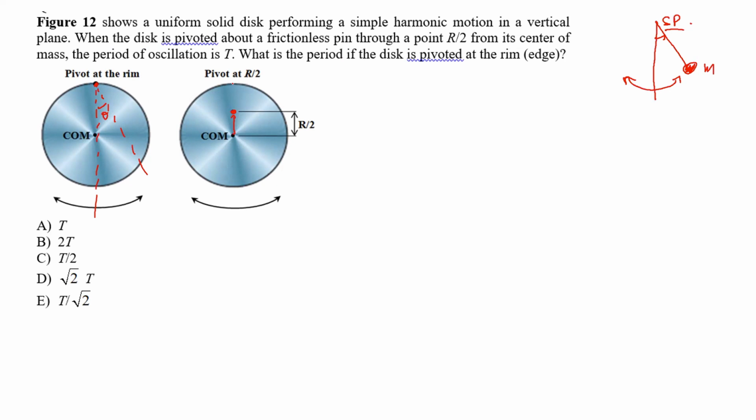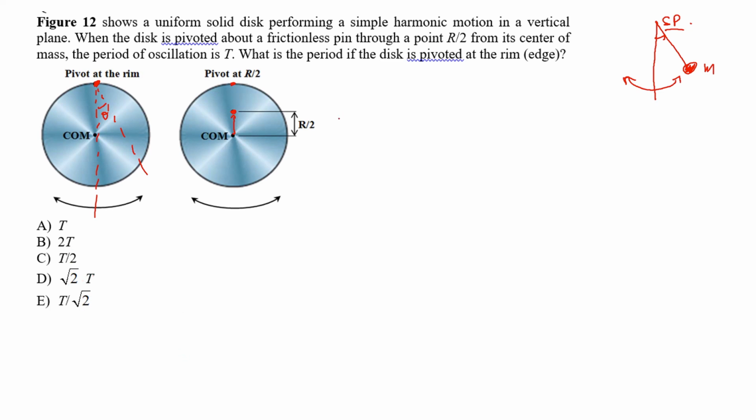If now the pivot point is at the rim here, at R, what is the new period compared to the old period? Will it be T? Will it be 2 times T? Will it be T divided by 2 or half square root of T, 2T, etc.?